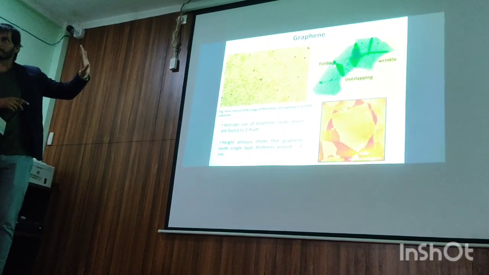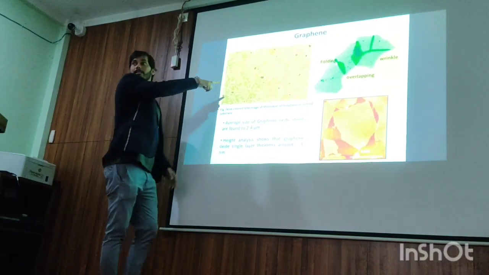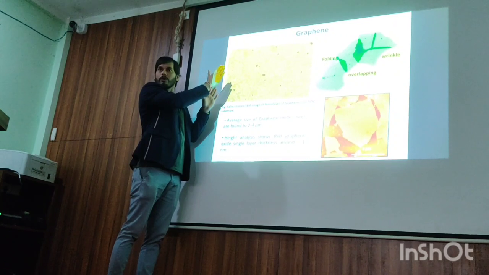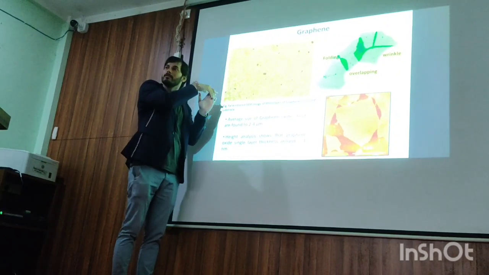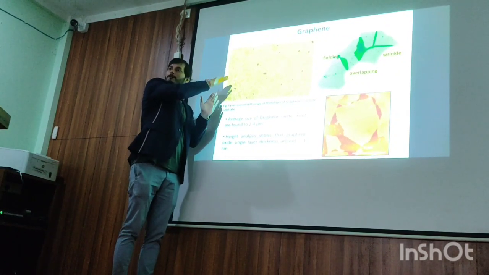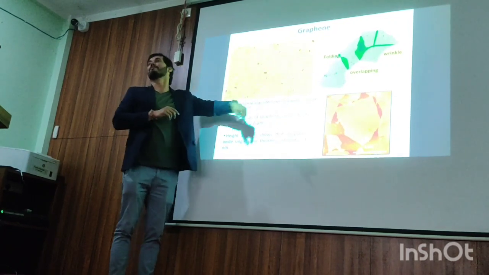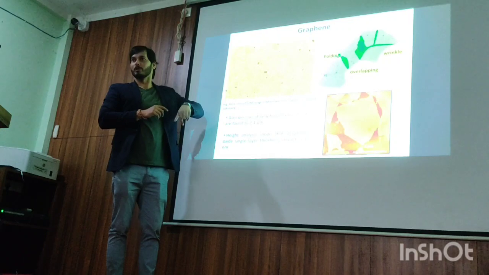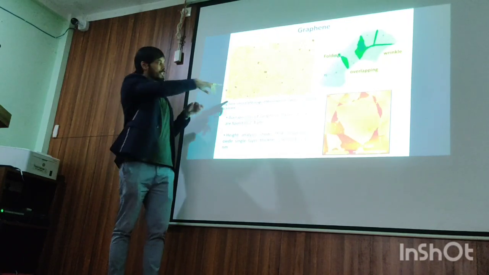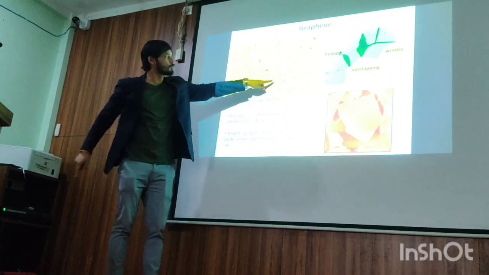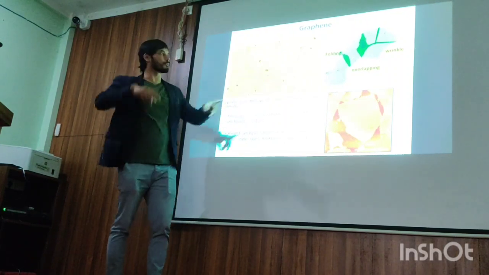Here the brown is basically graphene, and the yellow is basically the background. So these are basically single layers of graphite. If I zoom in, this is the zoomed image.